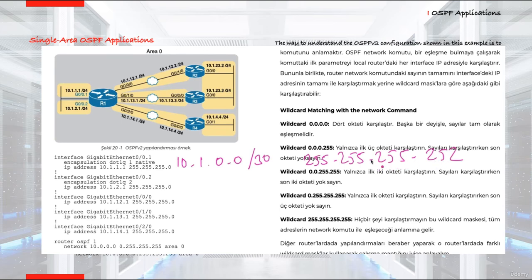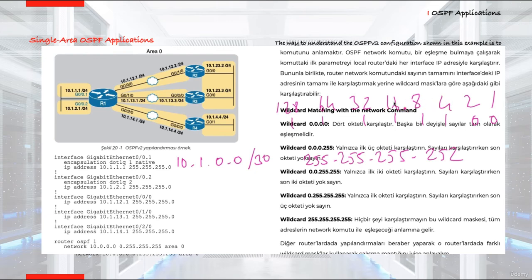This is 24 bits, all make 255. Let's write the rest here: 128, 64, 32, 16, 8, 4, 2, 1. Here we make 6 bits; 24 bits are here and 6 bits are here, making a total of 30.